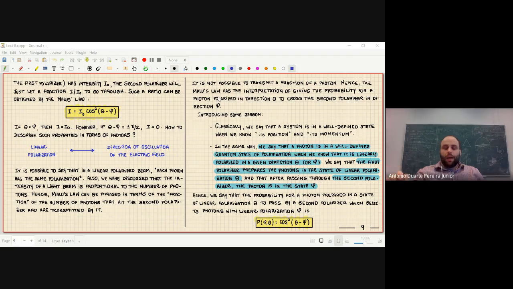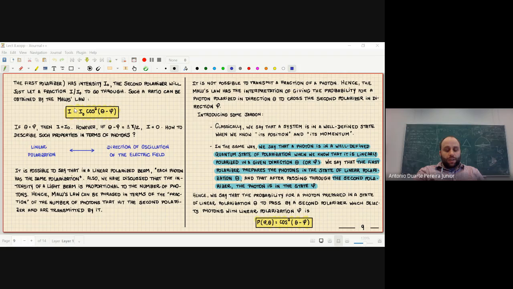So when I tell you the number of photons that passed and divide it by the total number of photons that were before the polarizer, what I'm giving you is the probability of the photon passing. This is just a calculation of a probability.